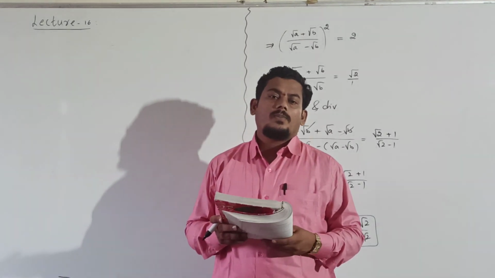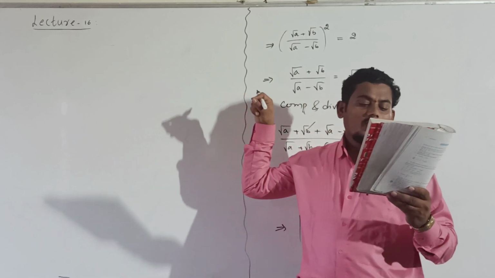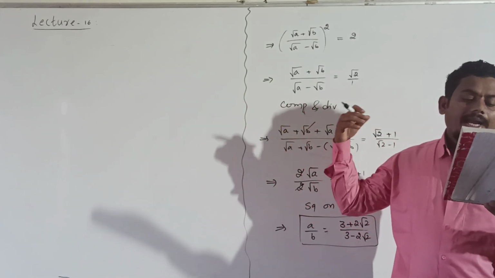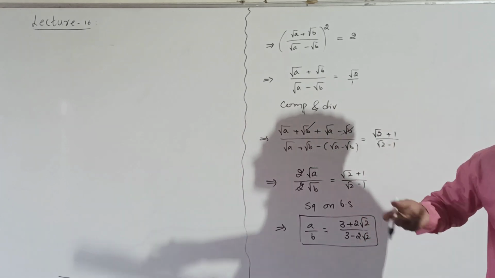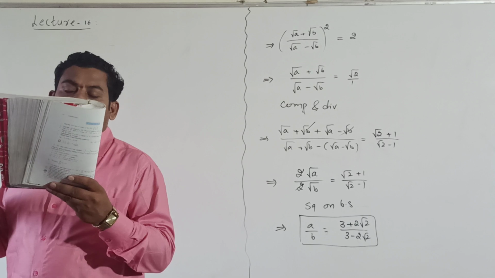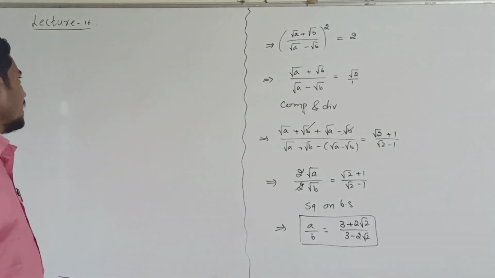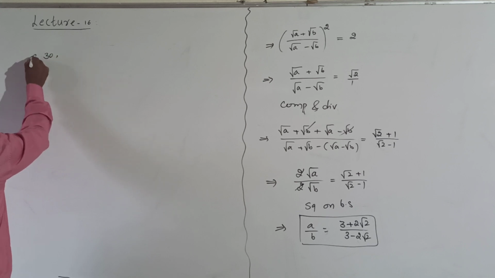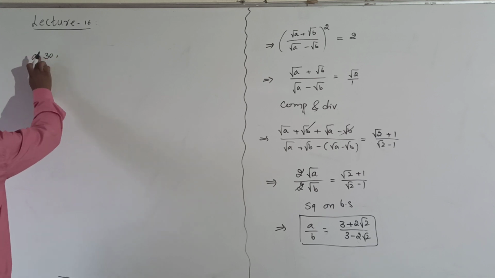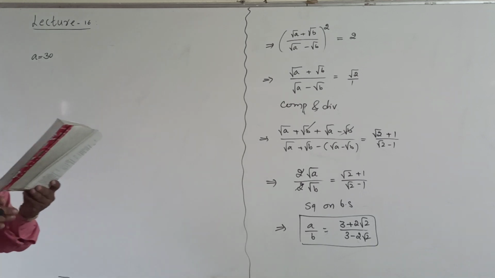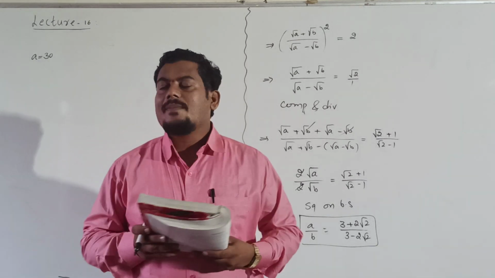Thirty bacteria were present originally. Initially there were 30 bacteria, and every hour it doubles itself. Then find the number of bacteria at the end of second hour. Initially 30 is the first term A, and it doubles itself, so what is the common ratio?